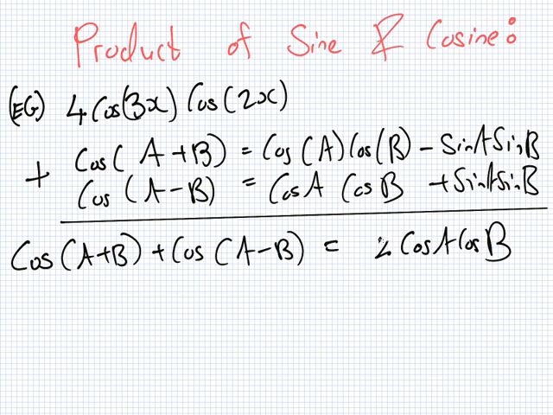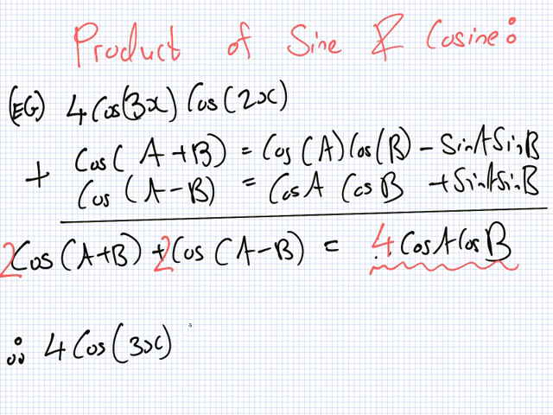So I'll multiply both sides by 2, and now I have exactly what was in my question. Therefore, 4 cos 3x cos 2x equals 2 cos(A plus B) plus 2 cos(A minus B).